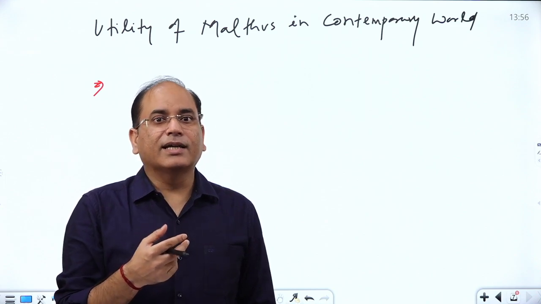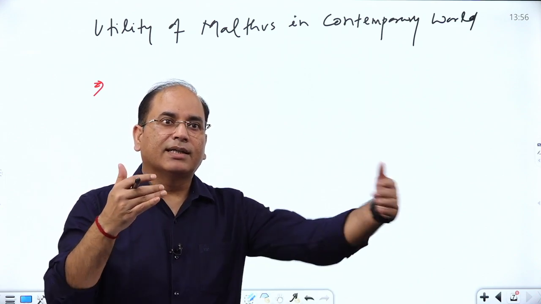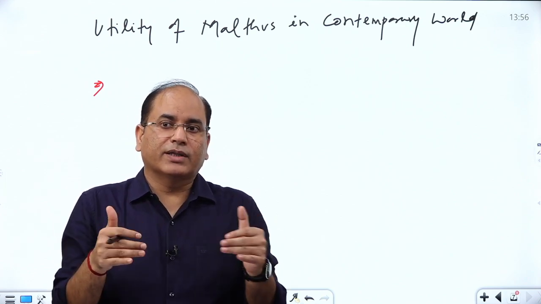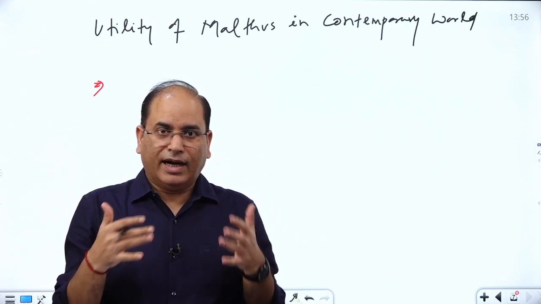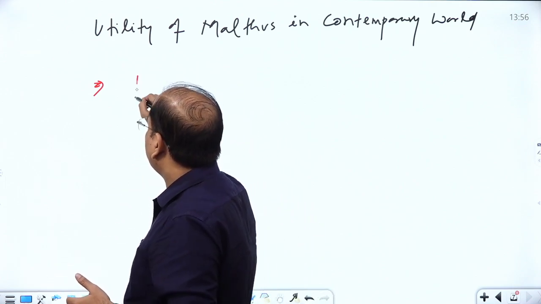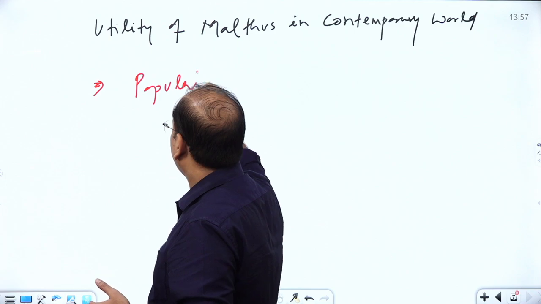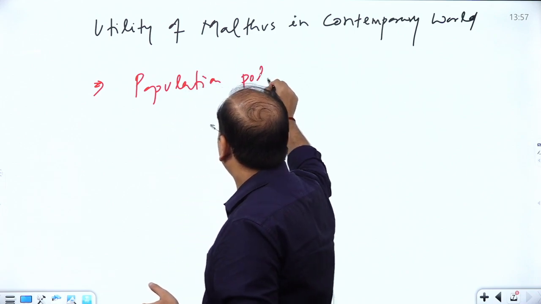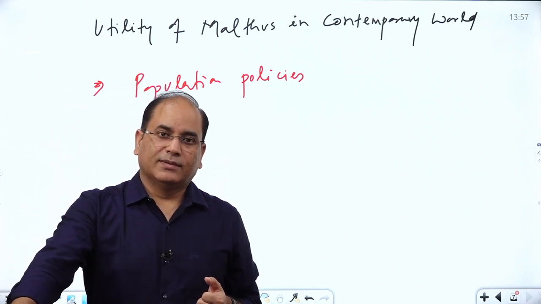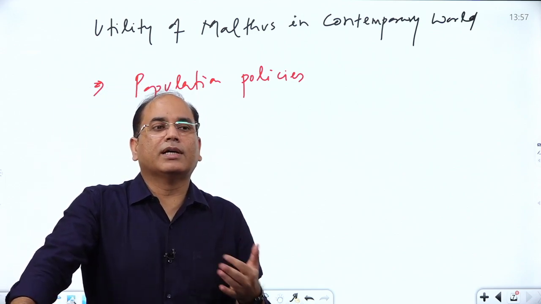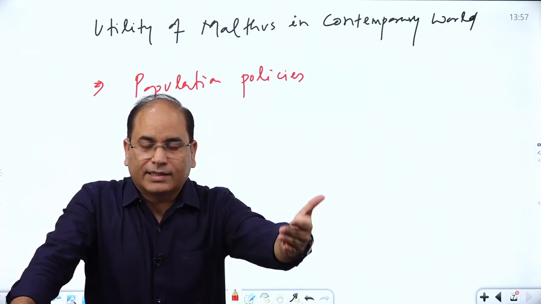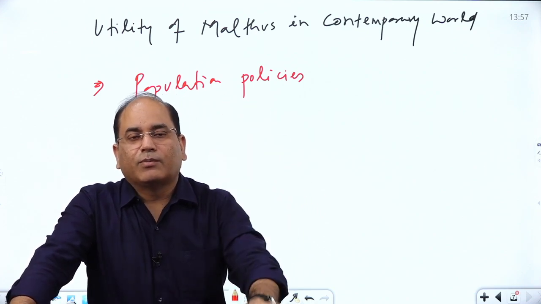Different countries started thinking that yes, if what Malthus is saying is correct, it is not good for the country in the future. And within the backdrop of Malthus only, the countries started formulating population policies. Most of the population policies of the world have been framed, and in most of them you will find their immediate target was to control the population growth.